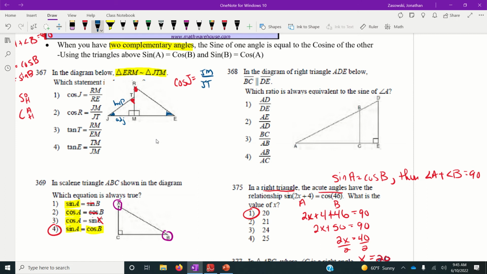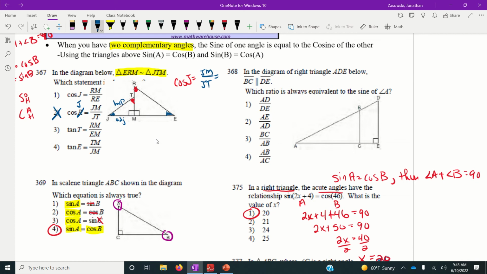We do see it here, but this says R. And this should be J in order for this to be true. So we're not going to pick this choice, and we don't see any other ones that reflect that. Now, keep in mind, instead of using J, because we know J and E are equal, we could create the ratio using angle E instead.